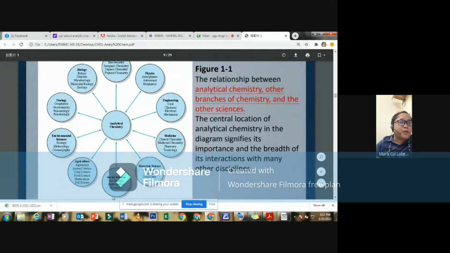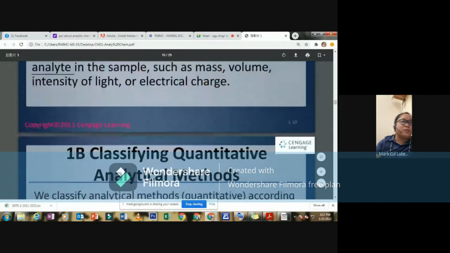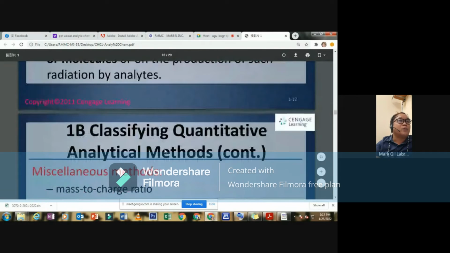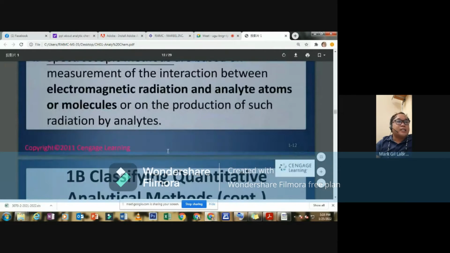Even in social science, archaeology, anthropology, and forensic, they're using both qualitative and quantitative analysis. Even in agriculture, the effectivity of fertilizer, weighing or measuring plants. So maraming role ang analytic chemistry.